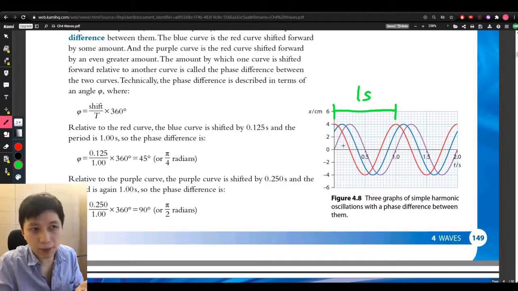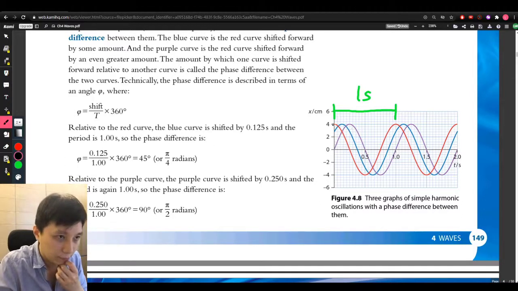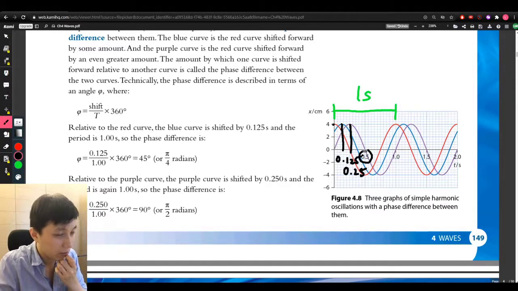And if you try to pick a point and find out the time difference between them, from red to blue, blue to purple, I think this is 0.5, and so this is about half, so this should be 0.25, and this is also half of it, so this should be 0.125, right? And this is obviously 0, the origin.